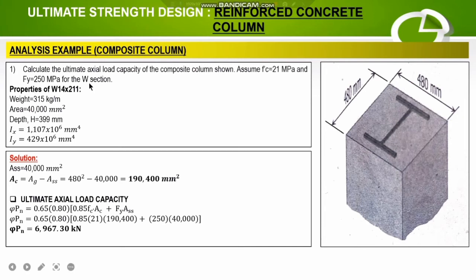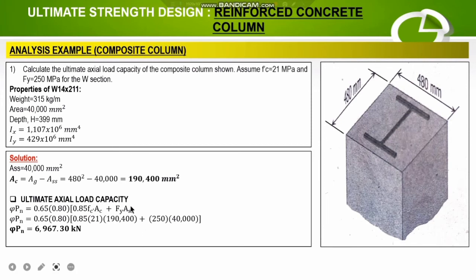So for our solution, solve for the area of our structural steel shape. So the ASS is equal to 40,000 mm squared. That is given with the properties already. So A sub C is equal to A sub G minus ASS, which is equal to 480 squared minus 40,000.